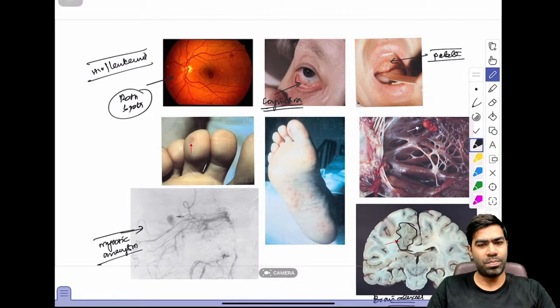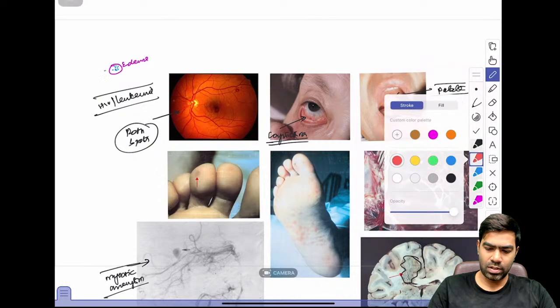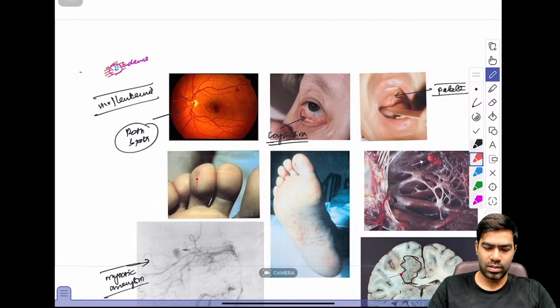If at all they ask you the pathology of how the Roth spots look, usually you have lymphocytes infiltrated locally, and surrounding that you'll be having edema, and along with it you will also be having a sort of hemorrhage as well.